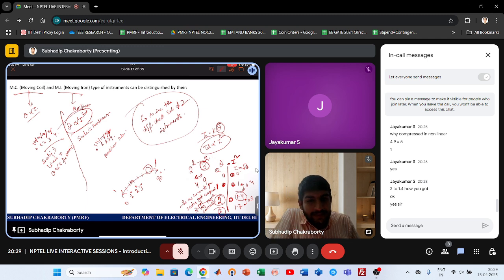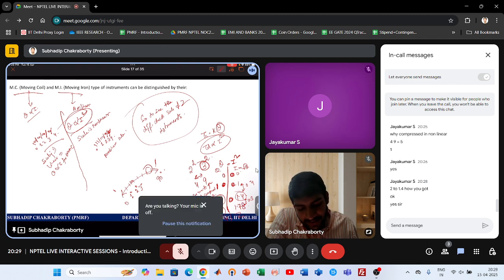You may take one more example: 3 to 4, it will be 2, and accordingly you can take 1.78. 0.2 is the difference.